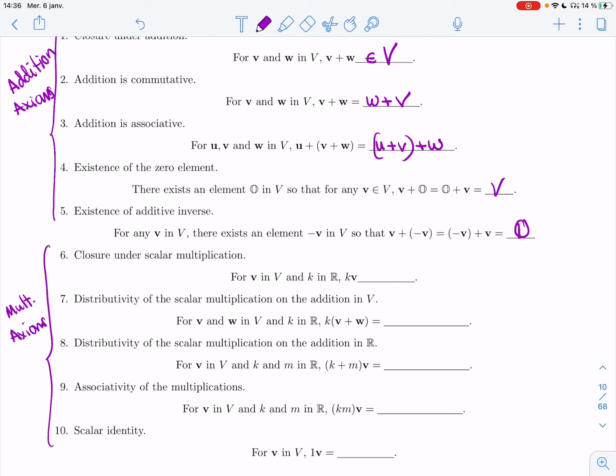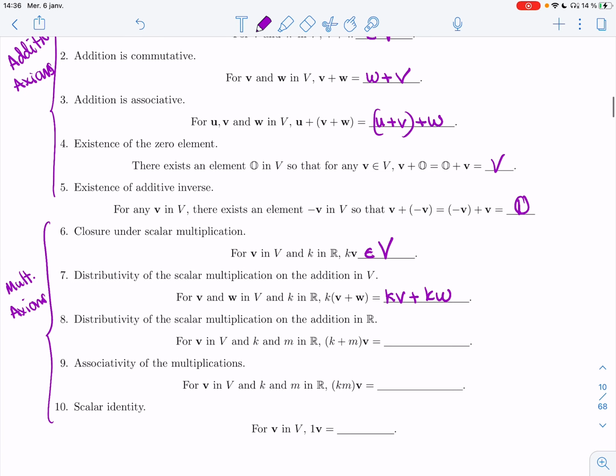All right, so now we'll involve the scalar multiplication. Axiom 6, closed under scalar multiplication. That KV needs to be an element of V, whatever K is. I need to be able to distribute scalars over the addition in V. That means if I start with something that looks like K times (V plus W), I'm going to be able to distribute it and get KV plus KW.